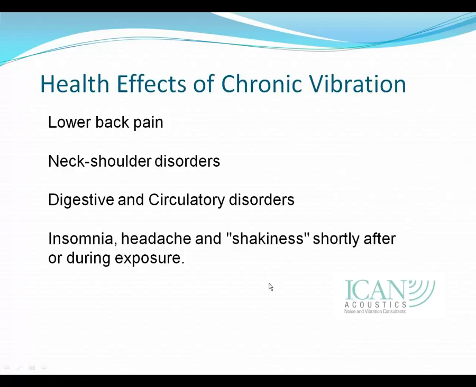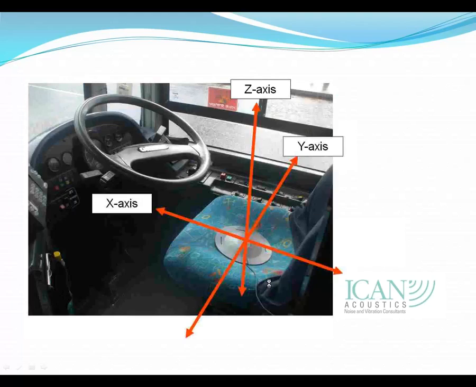Okay, so going on to the measurement then of whole body vibration. Well, this is our equipment in place in a bus, for example. And again, we're measuring in specific axes. Inside this device is an accelerometer, and it's measuring vertically and horizontally, and there's the X and the Y direction, and the Z direction is vertically.